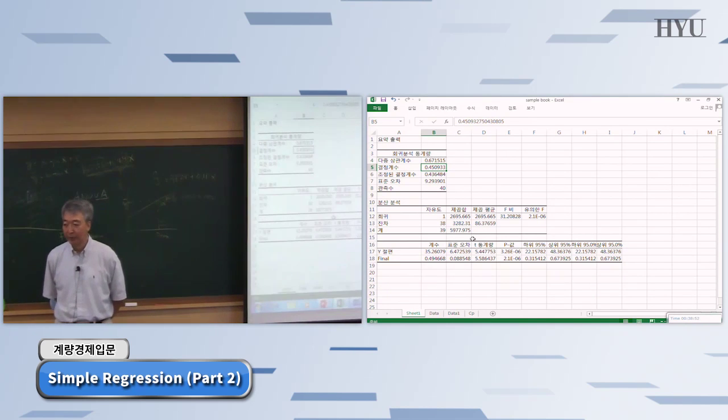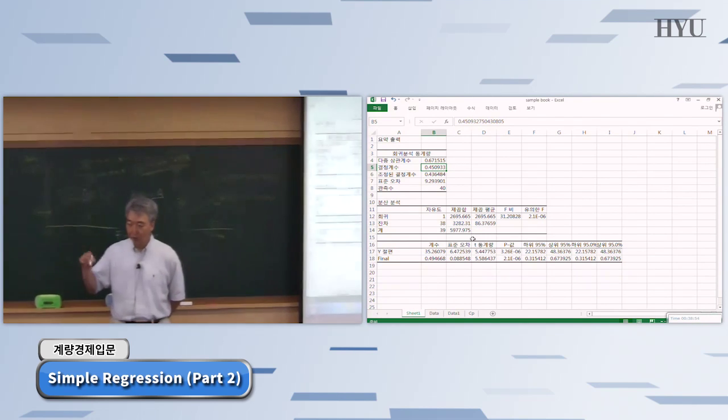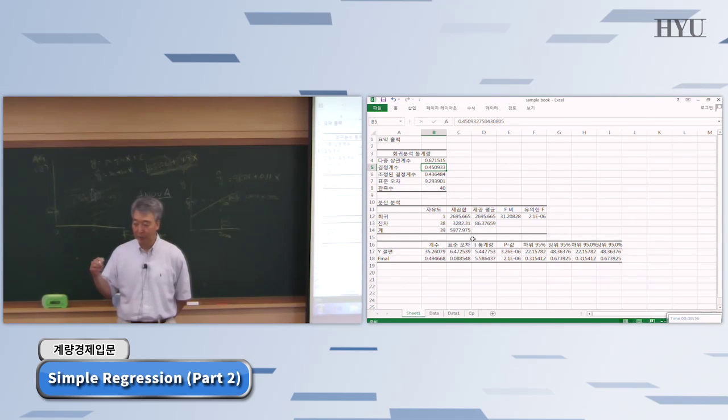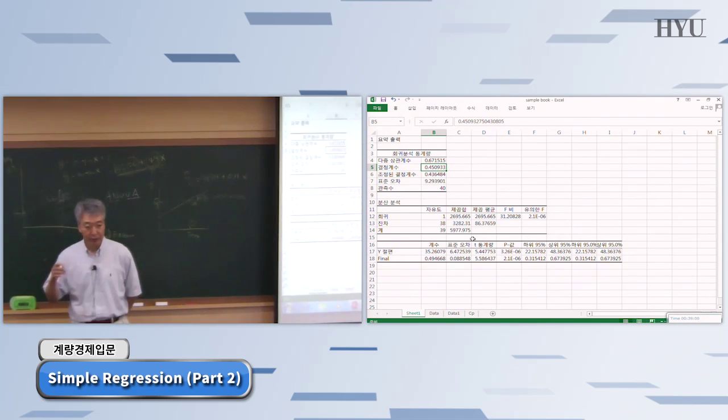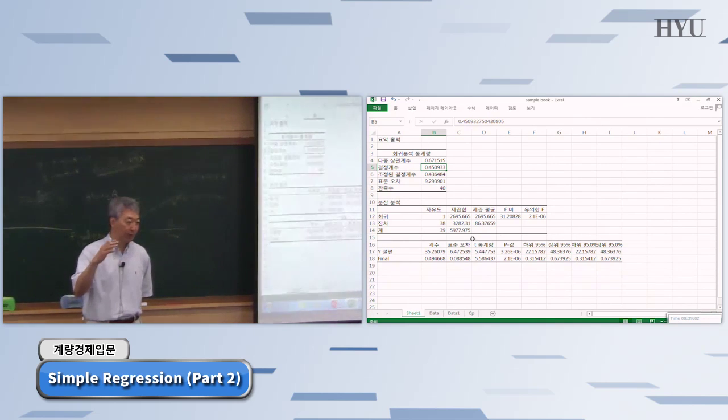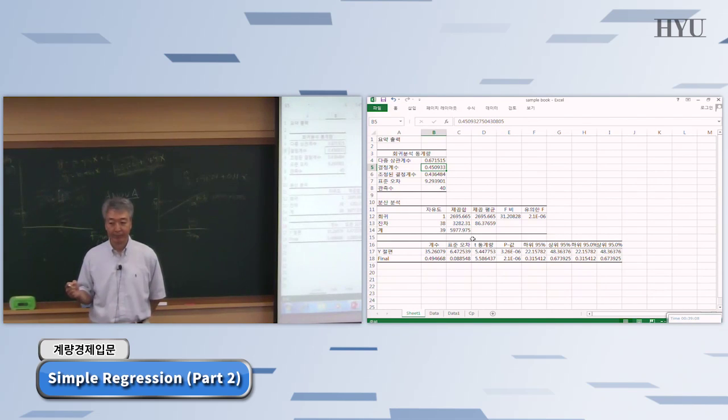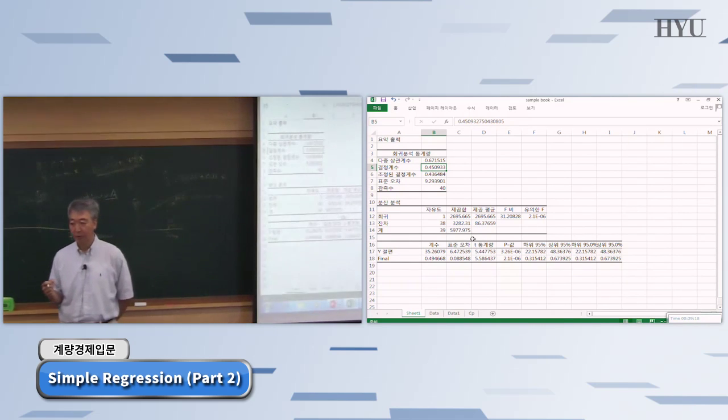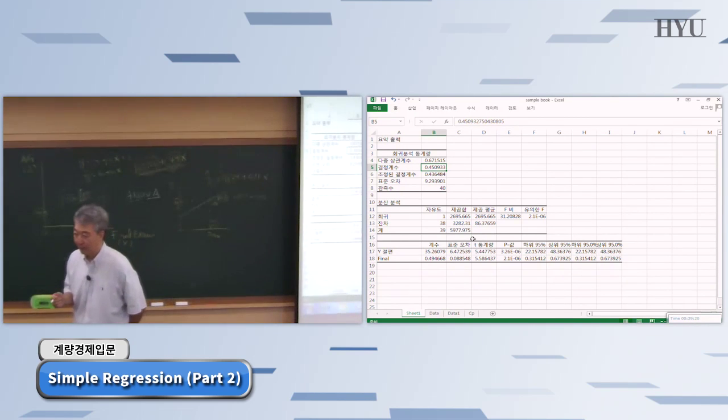The total variation in the dependent variable, in this case the final average. So 45% of the variation in the final average is explained by the variation in the final exam score. You have to be able to say that.